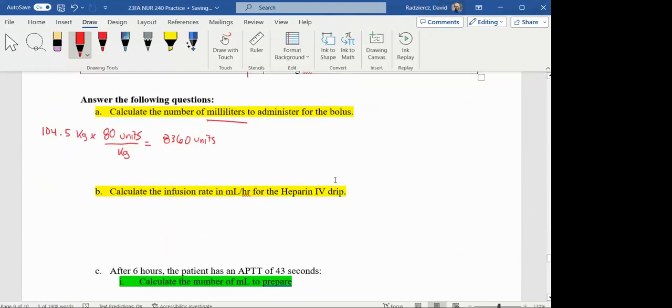So I'm going to convert my units to milliliters by getting rid of units. So 1,000 units per milliliter, and then you're going to get 8.36 milliliters, which you're going to go ahead and round to the nearest tenth. So 8.4 milliliters.